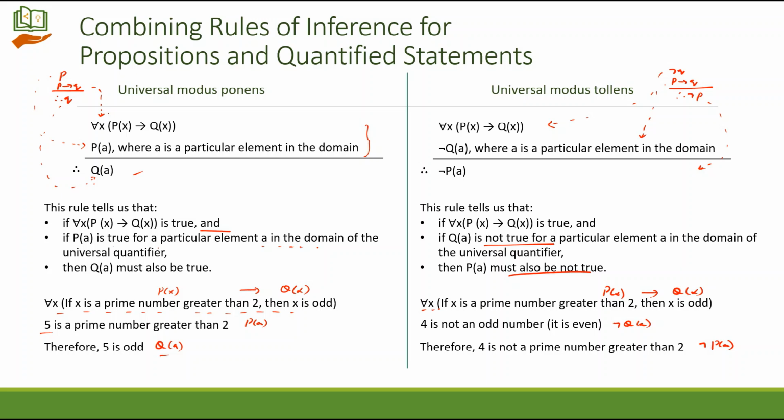So we don't go with arbitrary term here. We go with a particular element because they are talking in the context of domain. If I have said arbitrary during explanation, then I am sorry, because in this context it's a particular element in the domain. When they refer to domain, it cannot be any arbitrary value. It can be only a particular value.